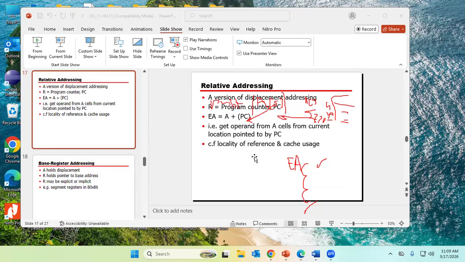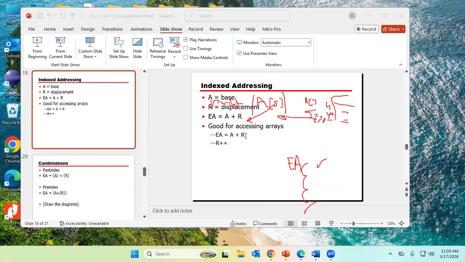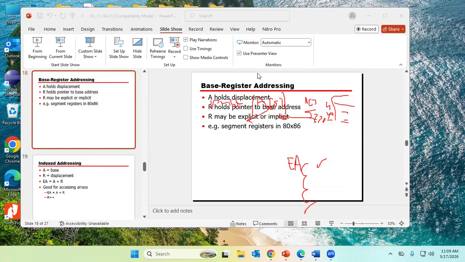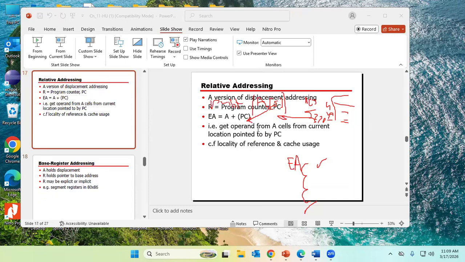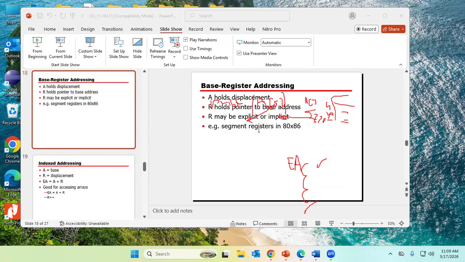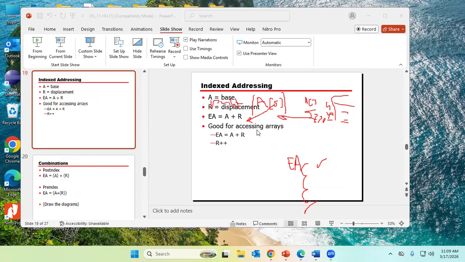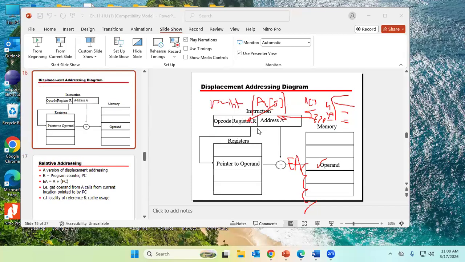What's coming, guys, is similar to this, which is relative address. It's the same. This is the address given. It's the same as before, but we don't have A plus here.